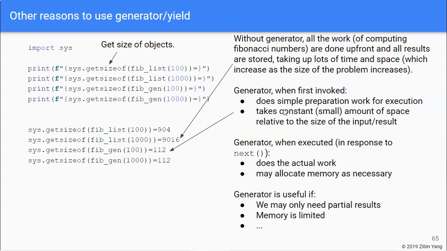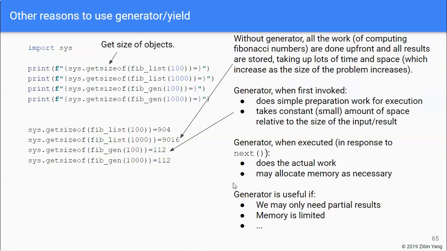Python does a bit of preparation, but that kind of preparation work is constant regardless of the size of the input, because again, it really hasn't done anything yet. And that's why in either case, the memory usage of the object that represents the generator is exactly the same.